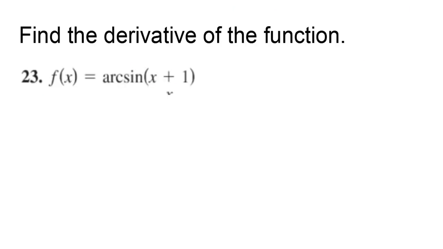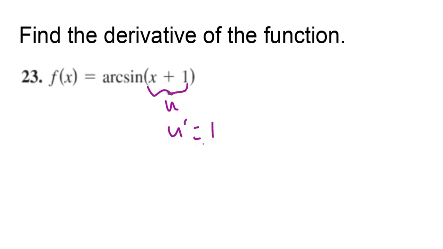Okay, this is number 23 out of your textbook. Find the derivative of the function. I'm given the function equal to the arc sine of x plus 1. To find this derivative, I first say this is my u value, x plus 1. So I know that u prime is equal to the derivative of x plus 1, which is just 1.